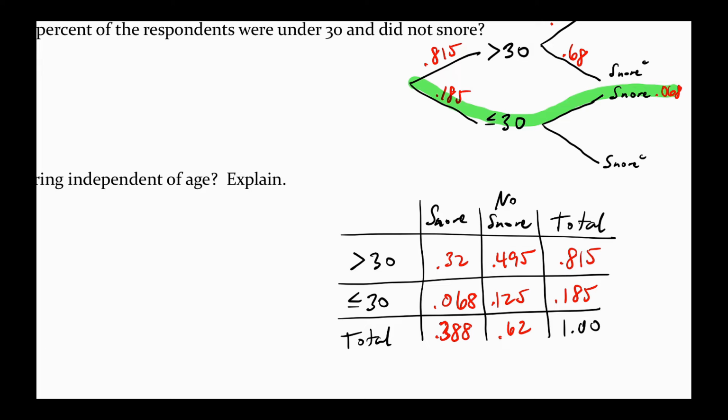Because I'm going to multiply this guy times this guy to get this guy. Well, the opposite of multiplication is division, right? So this guy times x equals this guy, divide by this guy. So 0.068 divided by 1.85, and we get 0.368.